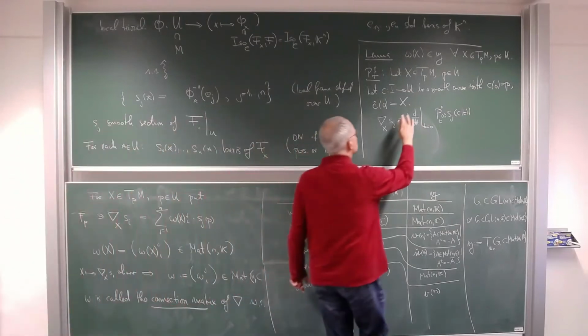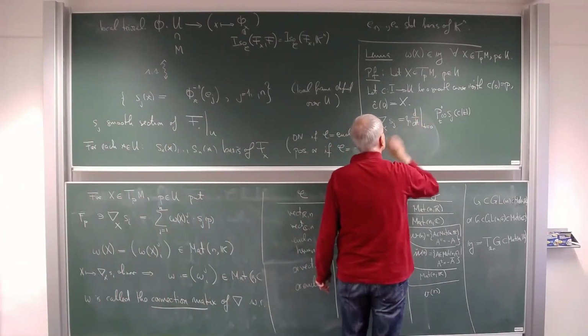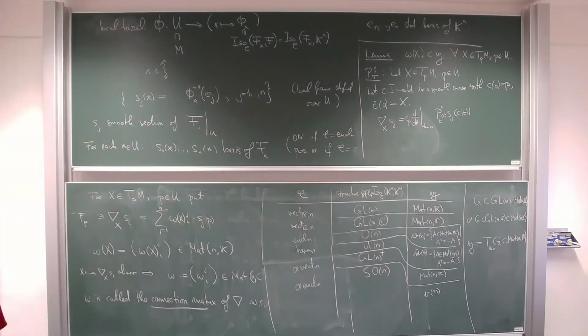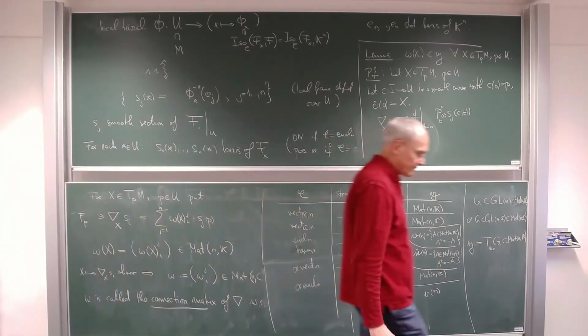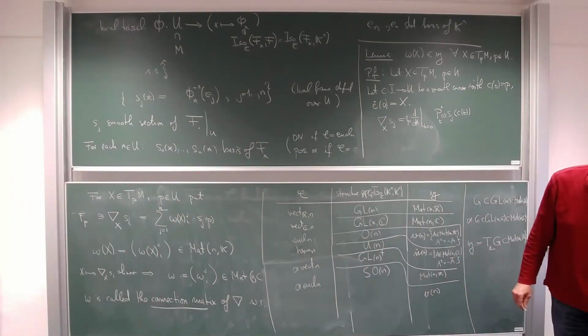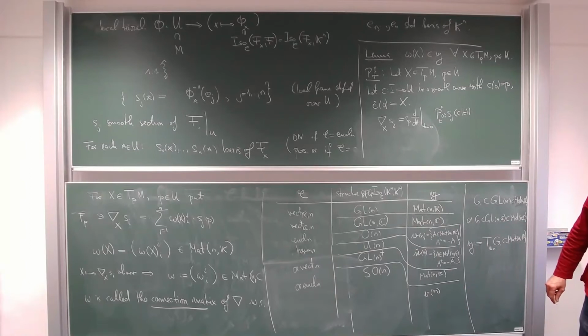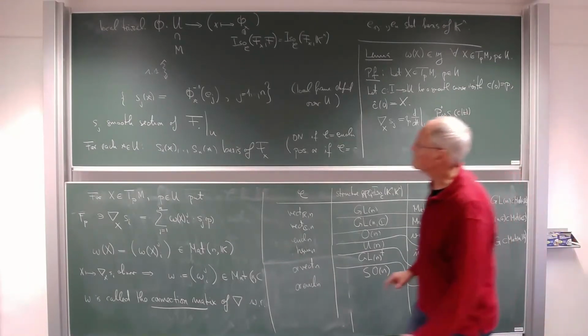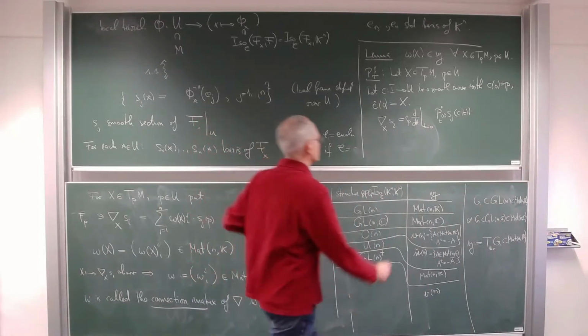Maybe I should call this iota p, I think we called it. All right, so that's the definition. And now this section, where's the definition of the section? We still have it here. Let's insert this.